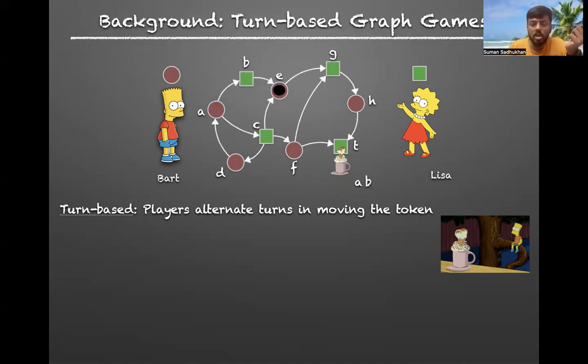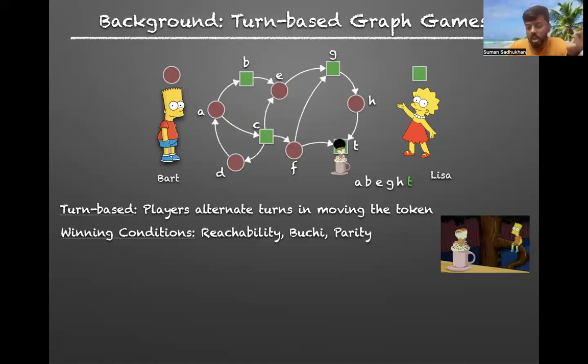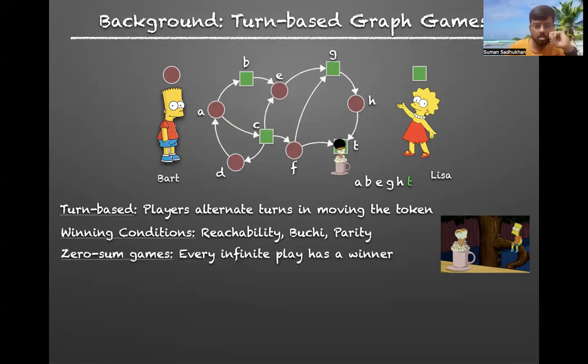And the token moves throughout the graph and gives us a possibly infinite execution of the game. The reachability winning condition has a finite duration, but there could be other winning conditions that we'll consider later in the talk, which are Büchi, parity, etc. And I'll introduce what they are whenever necessary. And this is a zero-sum game: every such infinite play has one winner.